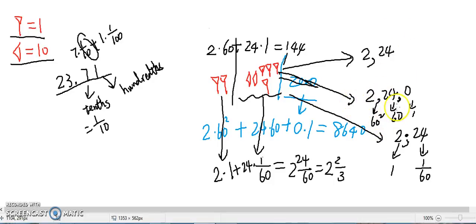So with this, we can look at another example right here. We're going to use the modern way, because the Babylonian way is really confusing.